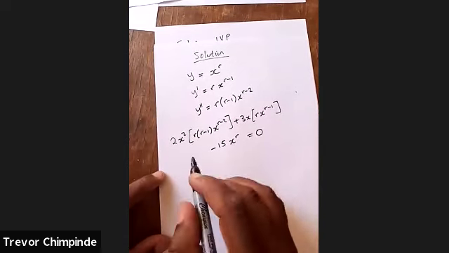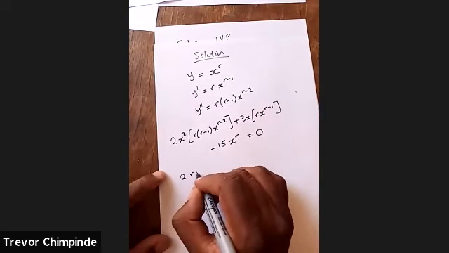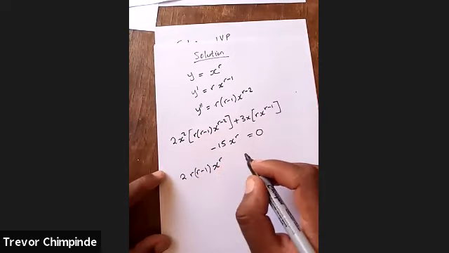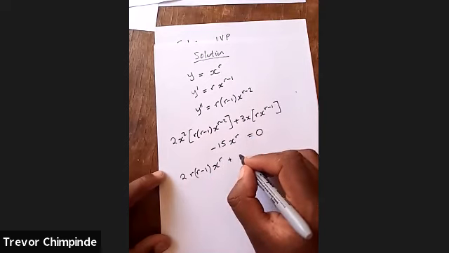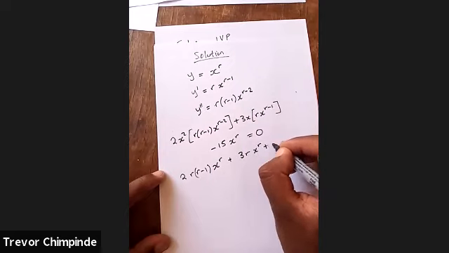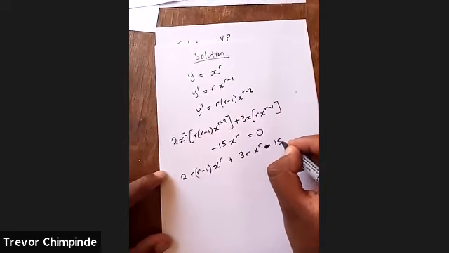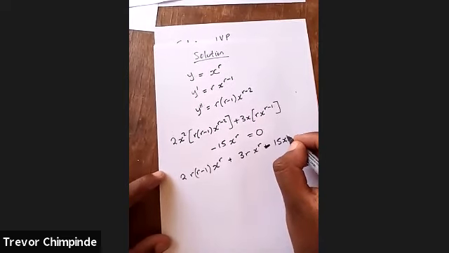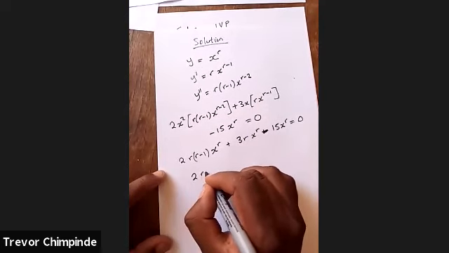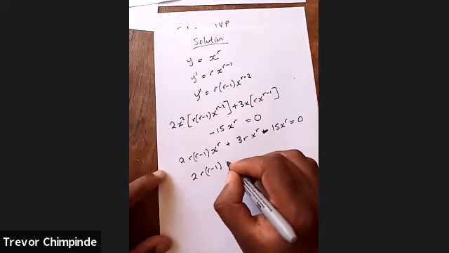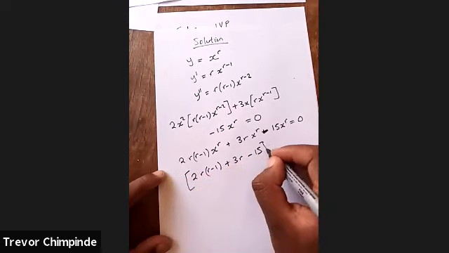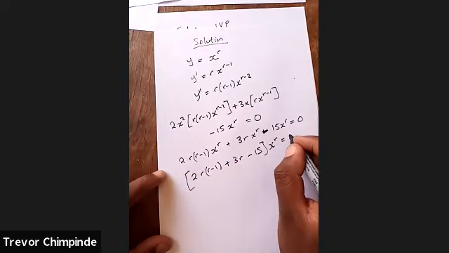You do away with the brackets, and you get 2r(r minus 1) x to the r plus 3r x to the r minus 15 x to the r is equal to 0. Factorizing, you have [2r(r minus 1) plus 3r minus 15] x to the r is equal to 0.